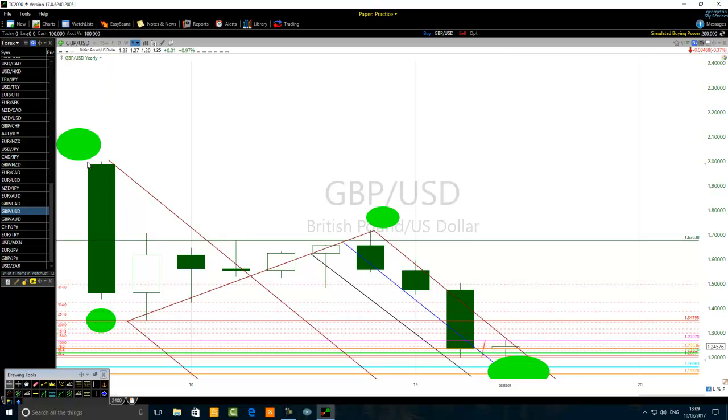Because we have an ABCD chart pattern being formed on the yearly chart, we want to concentrate on bullish reversal patterns near the low of 2016.